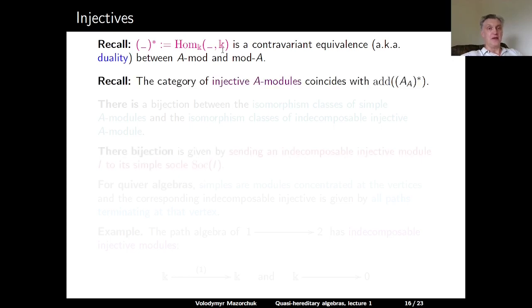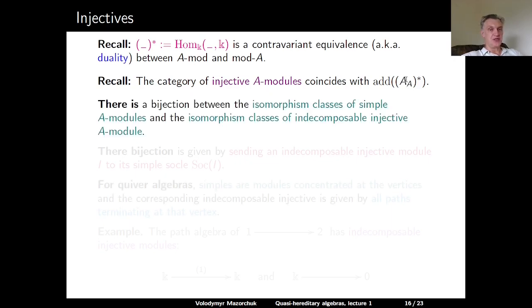And now the category of injective A modules coincides with the additive closure of the dual of the right regular A module. And we have a bijection between the isomorphism classes of simple A modules and the isomorphism classes of indecomposable injective A modules.